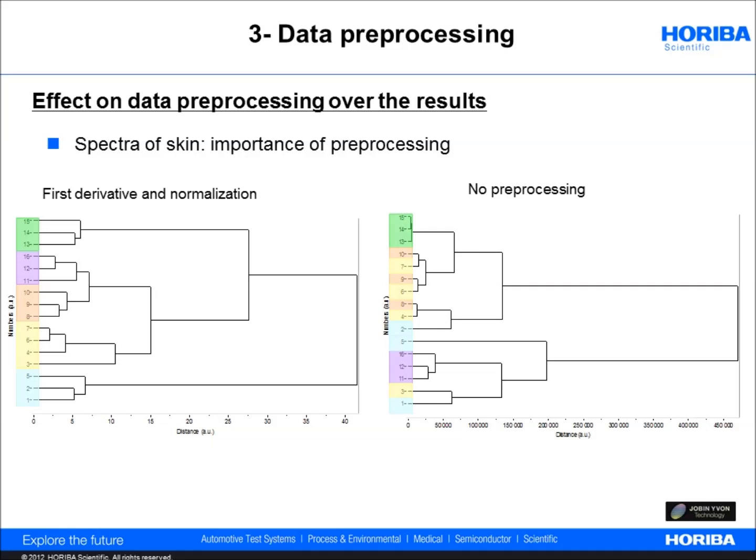In that case, you can easily imagine that the measurements of the palms were not very reproducible, thus leading to increased variation induced by the measurement itself. I would then encourage you to use these preprocessings before applying any multivariate treatment.